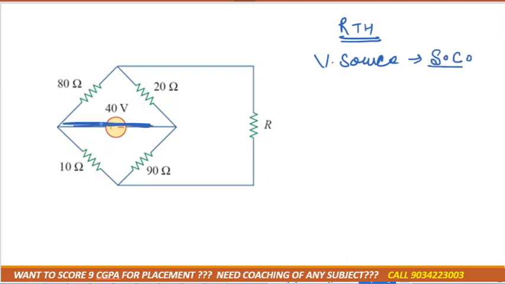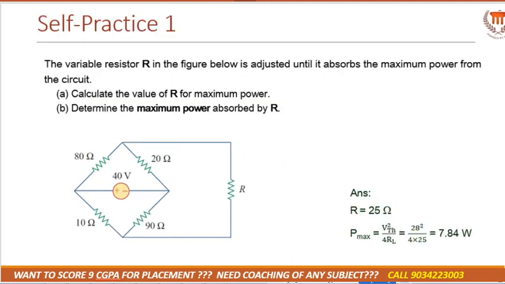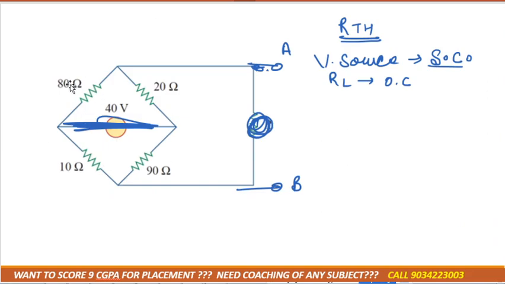So I'm short circuiting this voltage source. Okay. RL must be open circuit. So again, we need to completely remove this RL, right? Now, as you can see that you are standing at A position, right? And you need to move towards B position. So you are at A, you need to move towards B.